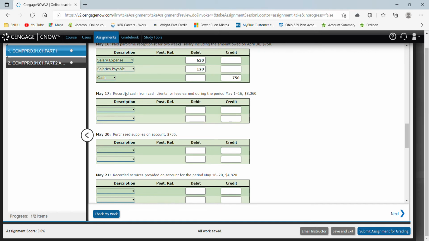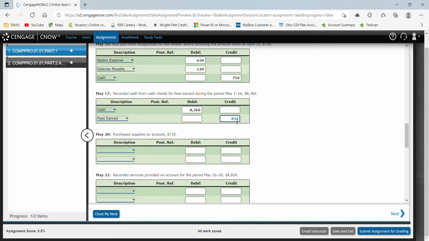Then we're going to record cash from clients for fees earned. All right. So what's happening with cash? We're going to receive cash. That's always a good thing. So we record cash, debit, and then we had fees earned, and credit fees earned.